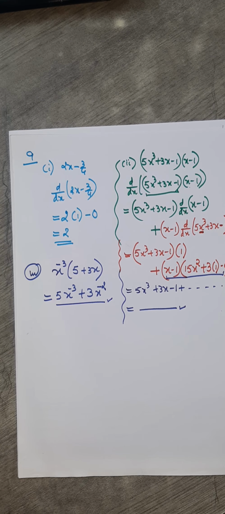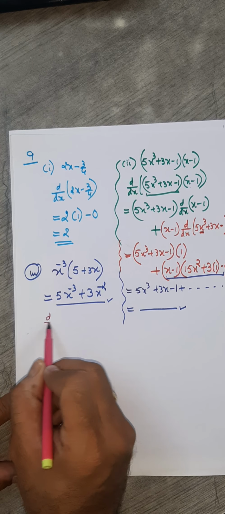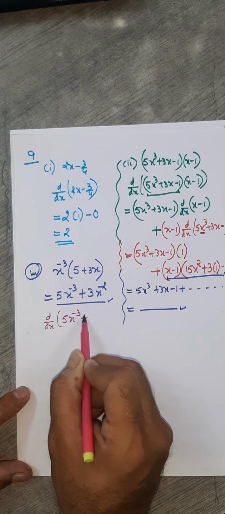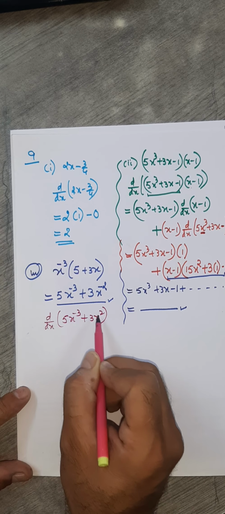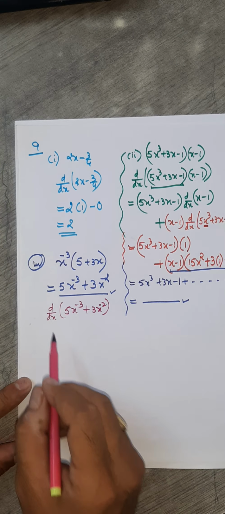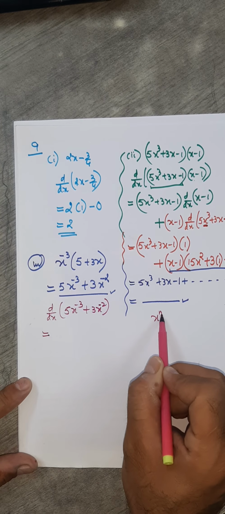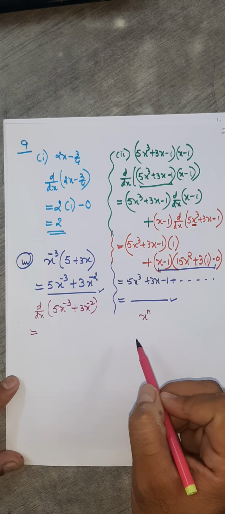I'm going to differentiate this. So we just put d by dx in front of this. So we have here d by dx of 5x raised to minus 3 plus 3x raised to minus 2. How will we differentiate this? Using this formula. What is derivative of x raised to n?